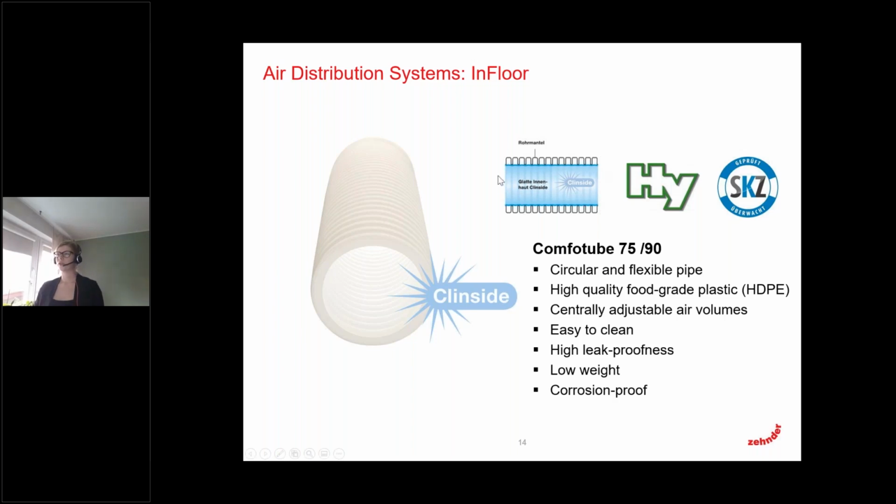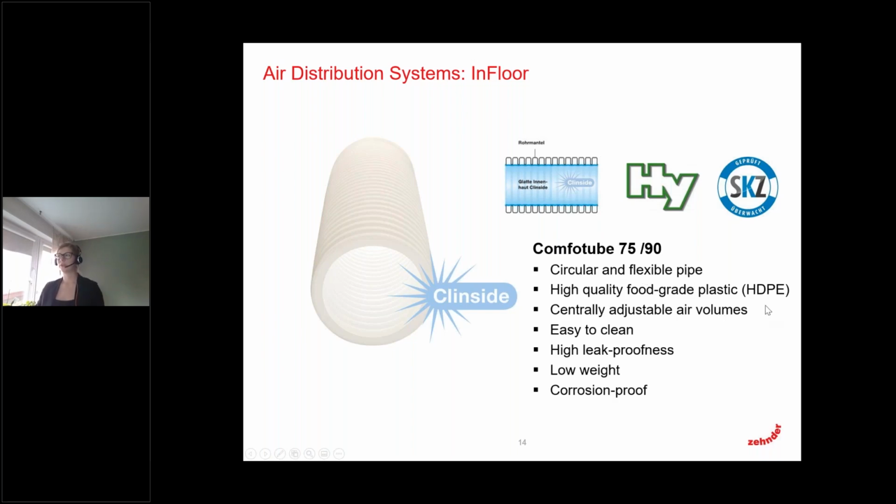And here is also a good example of the tube itself: the outside corrugated surface allows the tube to bend, and then the smooth inside surface is where the air flows. The tube is circular and flexible.